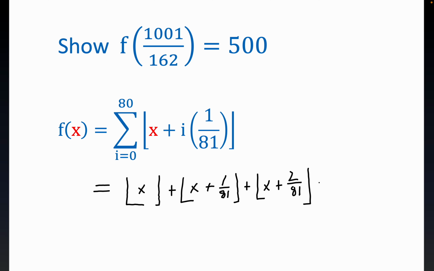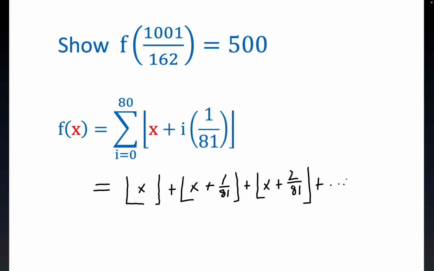So we have plus ellipsis plus, and the very last term in this finite series is going to be the floor of x plus 80 over 81.